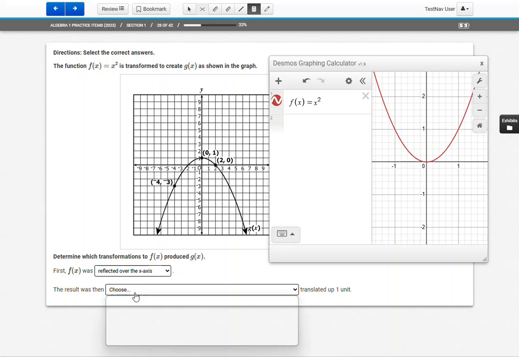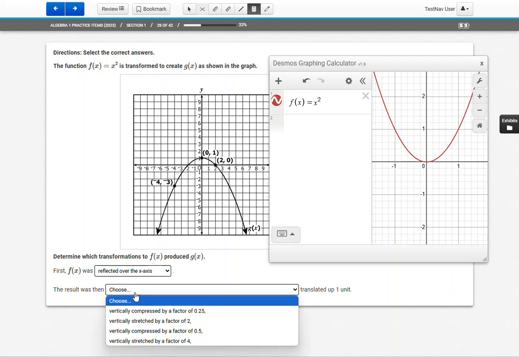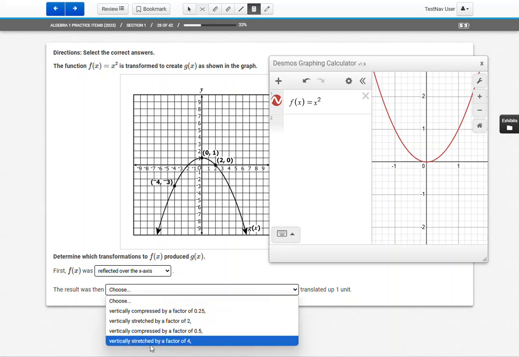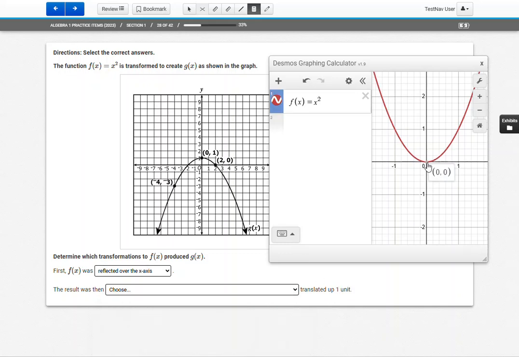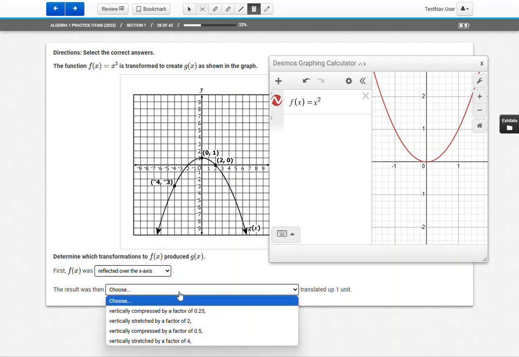And the result was, is it a compression, stretch, and so on. It's translated up, because the vertex moved up 1 unit, even though the graph is going down. But we want to check if it's a vertical stretch or a vertical compression.